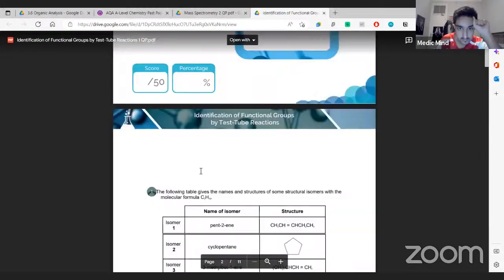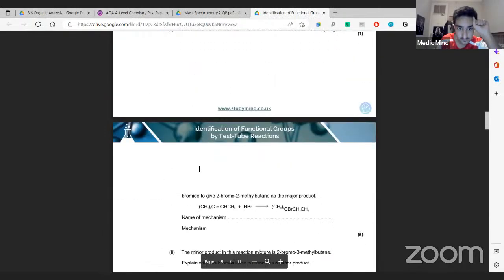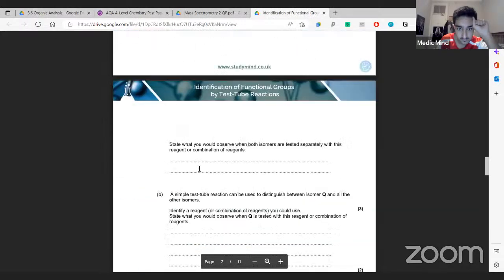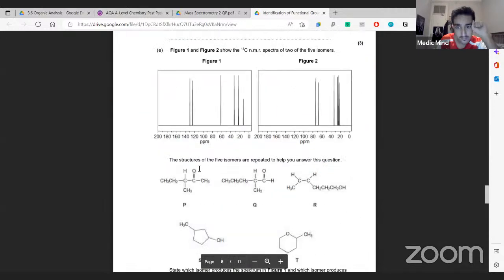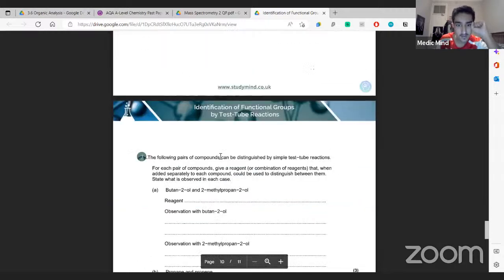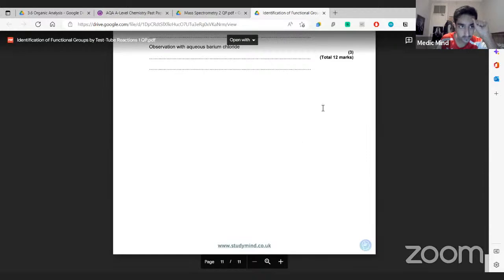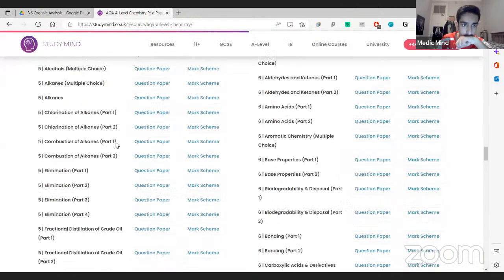There we go. No, sorry, a lot of these are NMR questions. NMR spectra is an A2 concept, so I'm not really going to go through them today. I don't know why I can't find them.